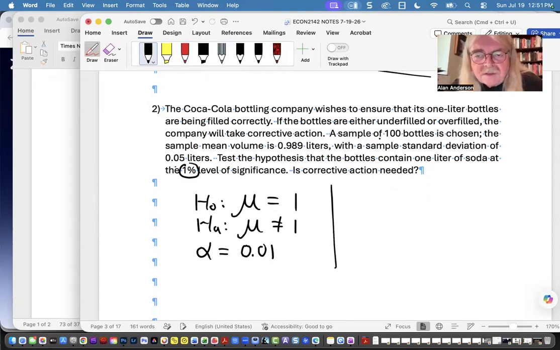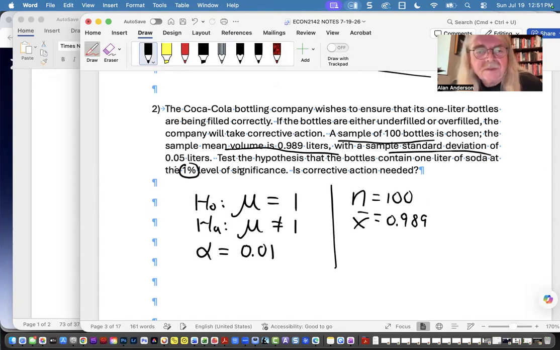Now the sample size is 100. The sample mean is 0.989, which sounds kind of low. And the sample standard deviation is 0.05. So once again, this is a hint that we should use the t distribution.